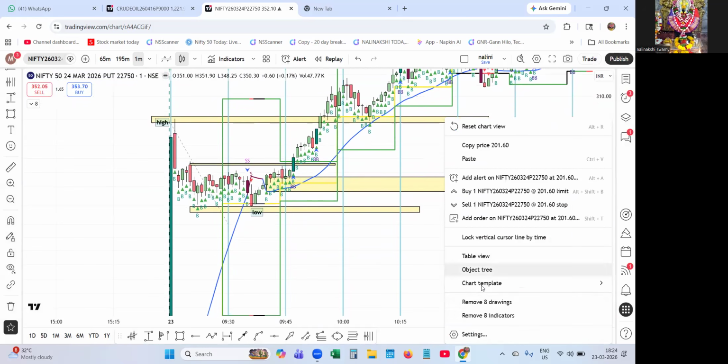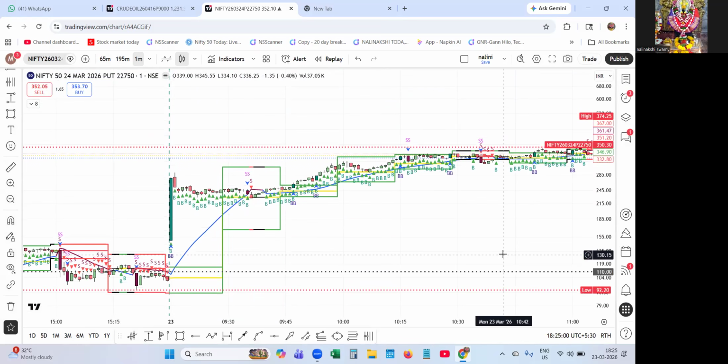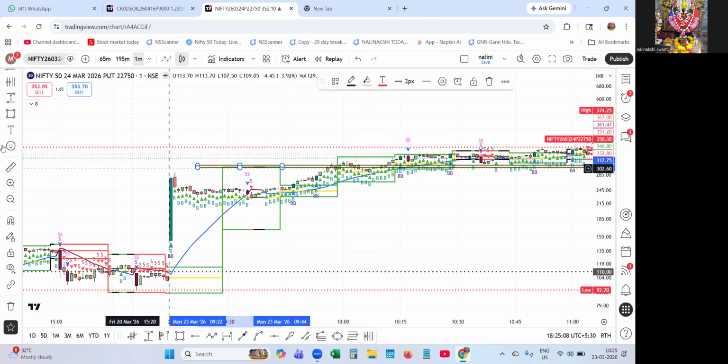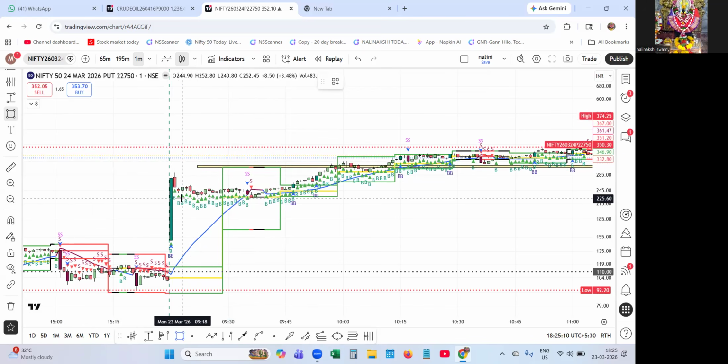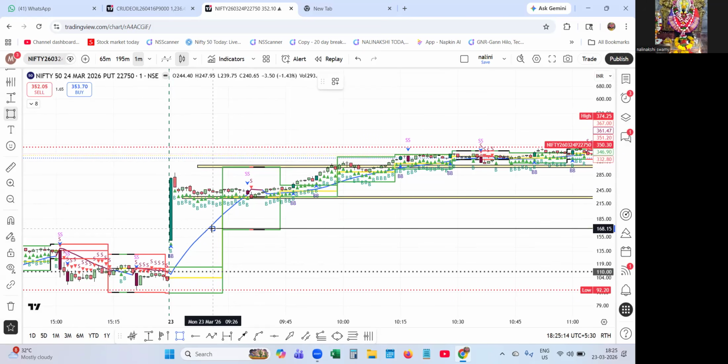See, let me remove everything, and I am on the 1 minute chart. I am getting this box immediately. This is resistance. You are marking resistance, pivot, and support.